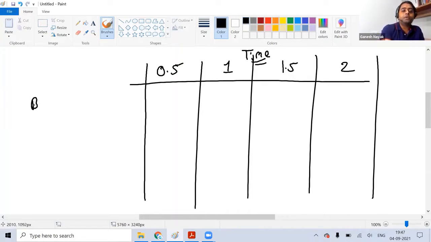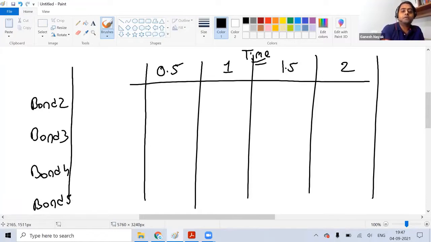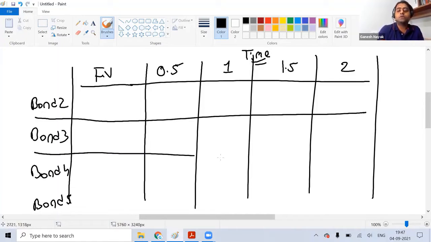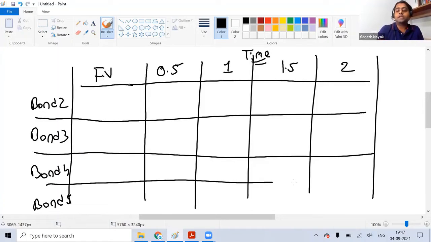I'm writing it over here: bond number 2, bond number 3, bond number 4, and bond number 5. And the face value of the bond is written over here. This is what I want to find, the face value of the bond. So I'm just creating a table.